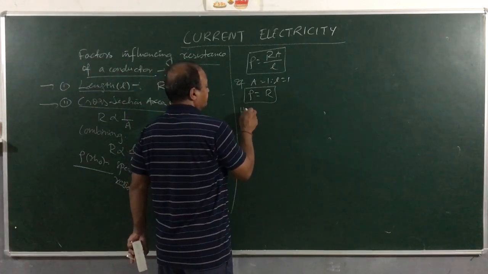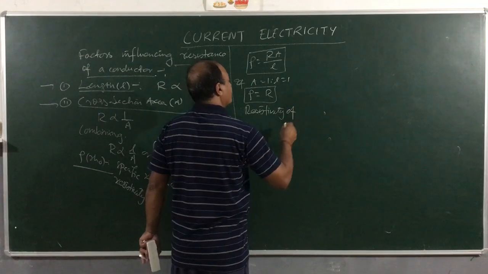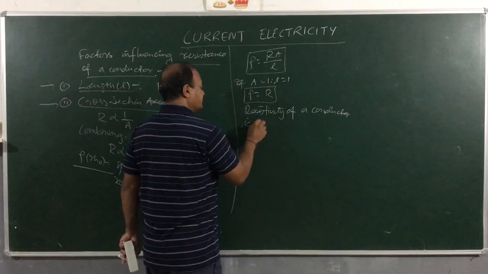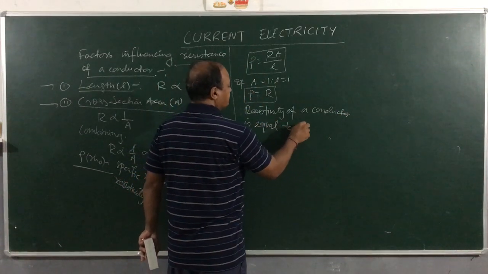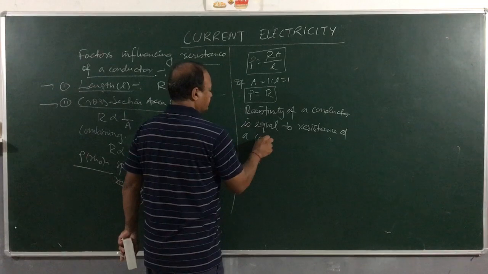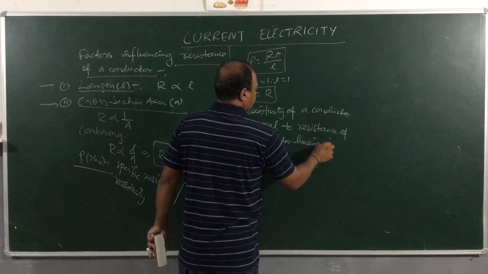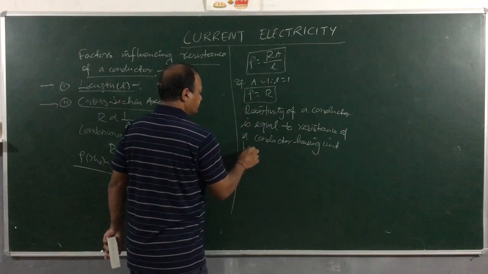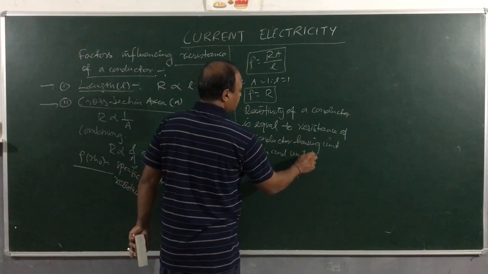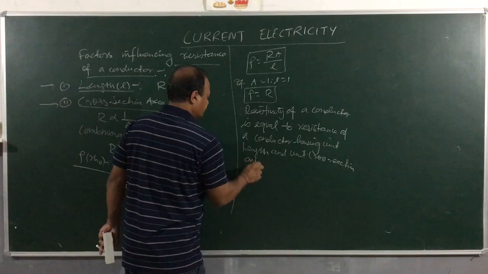Hence, resistivity of a conductor is equal to resistance of a conductor having unit length and unit cross section area.